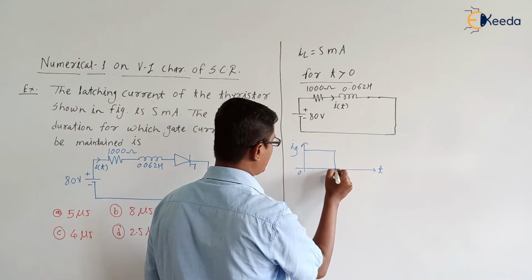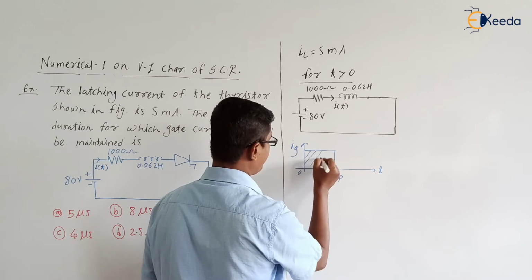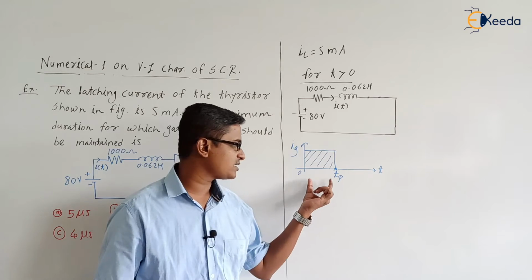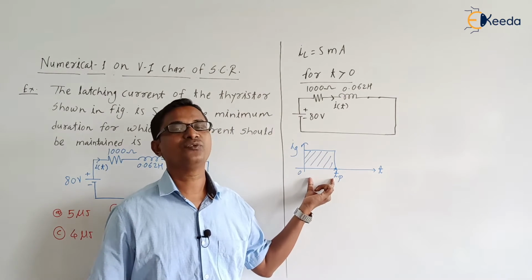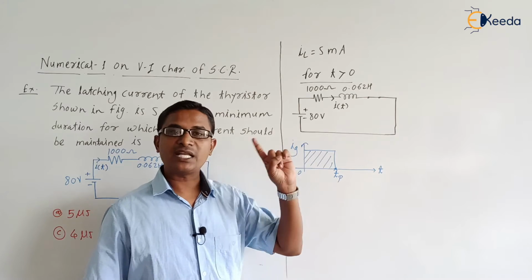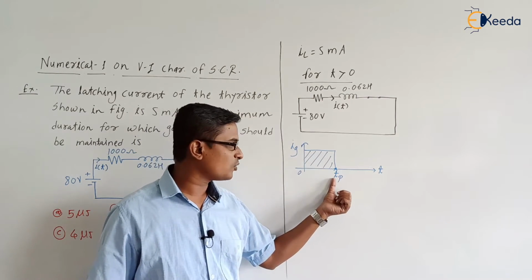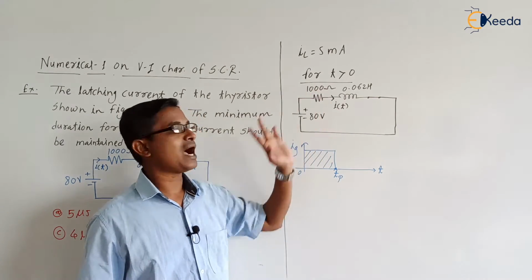Suppose at this instant I am removing the gate signal. This is TP, so we need to find TP, which is this pulse width of the gate signal. The requirement is that, to maintain the SCR in the on state at TP, the value of current in the circuit should be equal to IL.